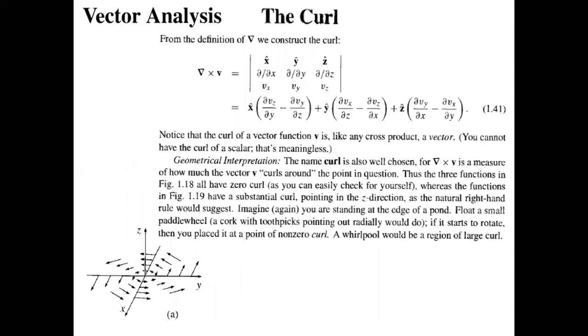Whereas some vectors have the property of circulating, and this can be expressed in terms of curl. It's mathematically written like this. This is a vector with components. Its geometrical interpretation is that it's curling around or rotating around something.